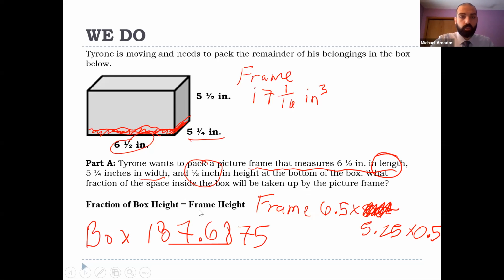So we now know the volume of the frame and the volume of the box. We want to know what fraction of the box the frame takes up. How can we find that? Everybody think. Raise your hand.